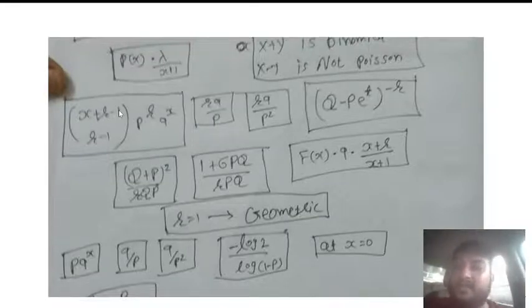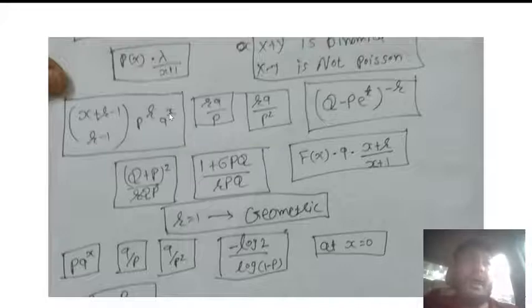The PMF is x plus r minus 1 C r minus 1 into p raised to r into q raised to x. What is x plus r? x plus r is the whole number of trials, with success and without success. Here r is the number of successes and x is the number of failures.